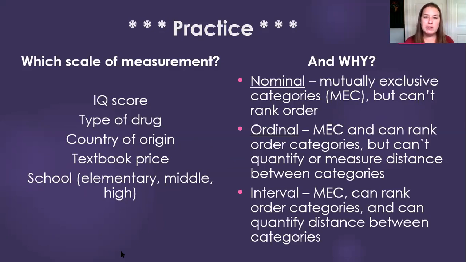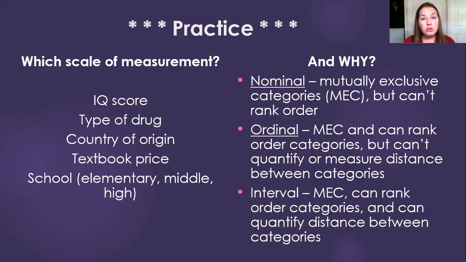Do not lose points because you are making up your own terminology. For every why, if it's nominal, you should write exactly what I have here: they're mutually exclusive categories. You're welcome to abbreviate; I know that's long, MEC. What makes it a nominal variable is that they're mutually exclusive categories, but you can't rank them.